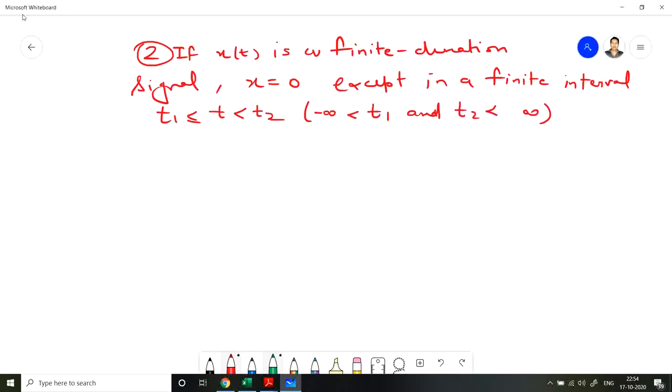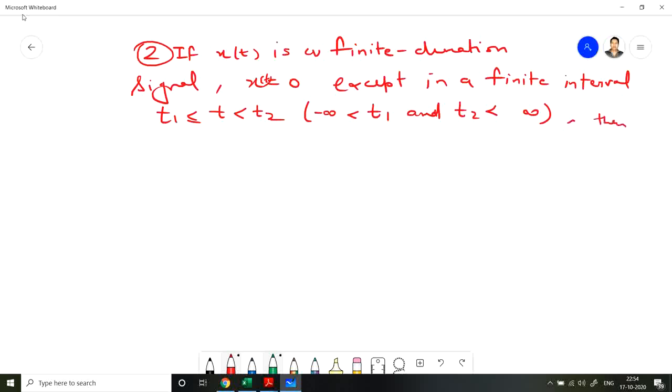So between t1 and t2 it has some finite value, and except this, x(t) is equal to 0.